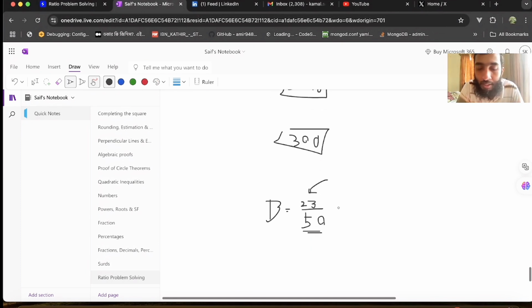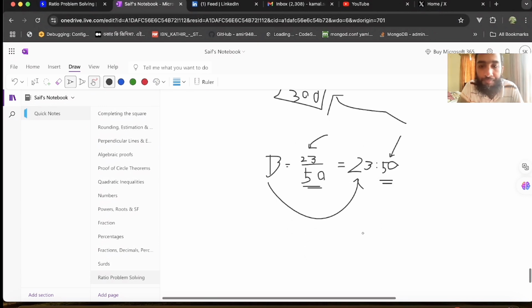So for example, this can also be written as 23 is to 50, right? So if the total is represented as 50, then blue is 23.